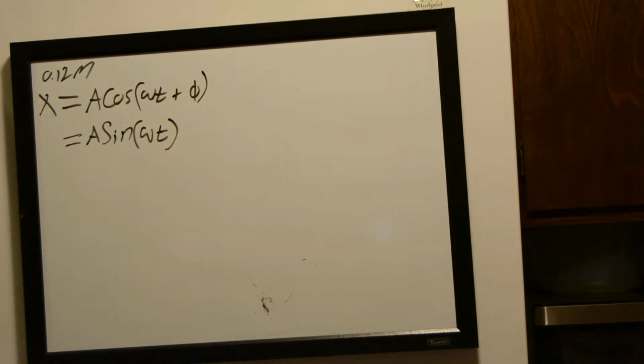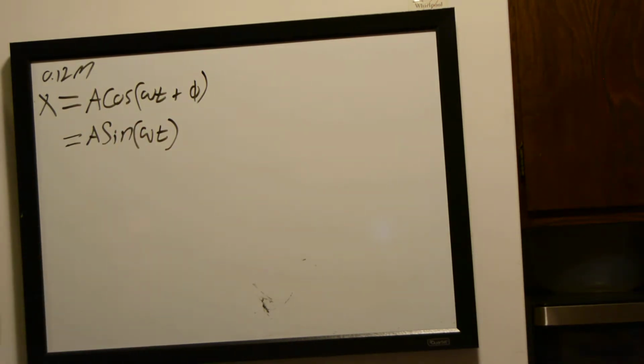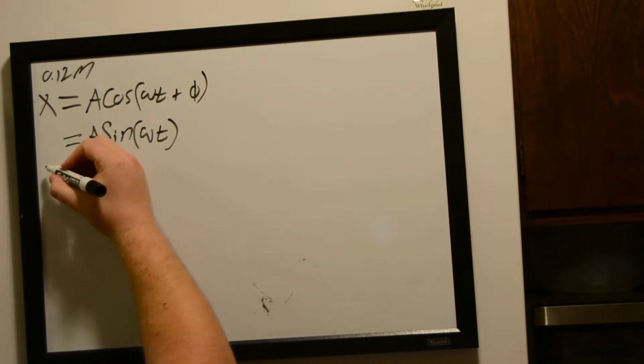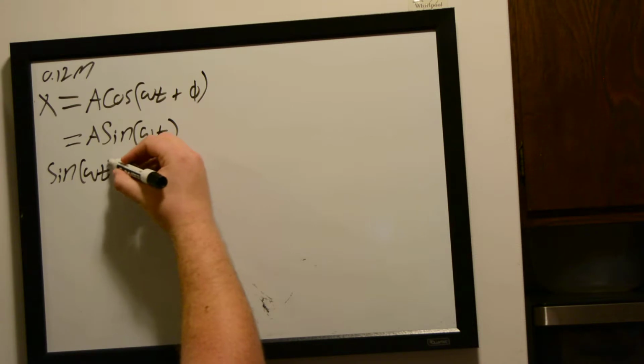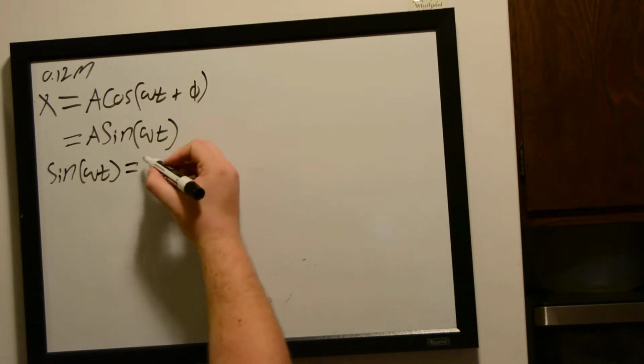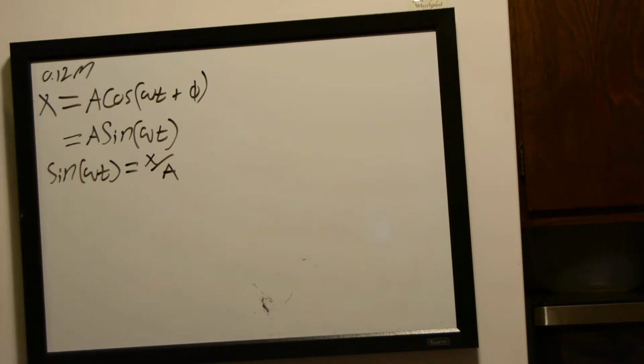So now what we need to do is just manipulate this equation to find what t is. So we have that our sine of angular velocity times time is given by x, our position, over amplitude.